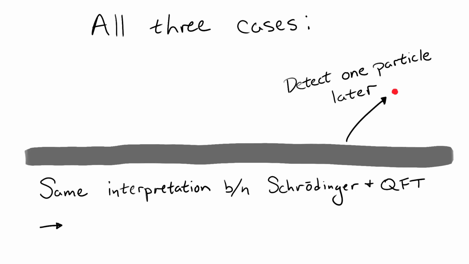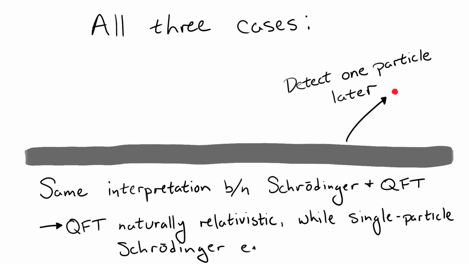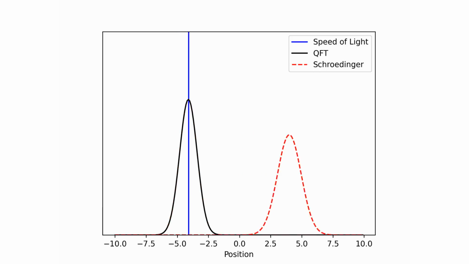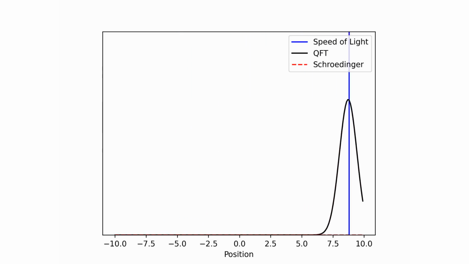The difference is simply due to the fact that the QFT naturally respects the symmetries of special relativity, while the solutions to the Schrödinger equation do not, as is clearly seen when comparing the motion of the distributions to the speed of light. Now, of course, it's very interesting to see this natural Lorentz invariance of a quantum field theory versus the non-relativistic Schrödinger equation.